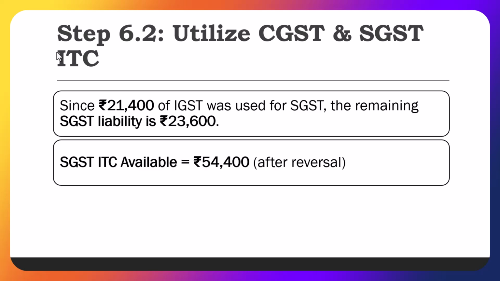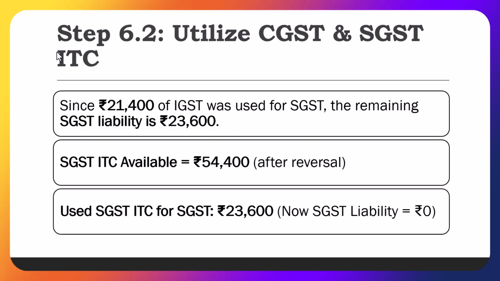Since 21,000 is remaining, the CGST liability is 23,600, which he will be covering against 54,400. So how much will be left here? 54,400 minus 23,600, how much does it come to?